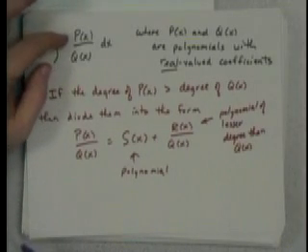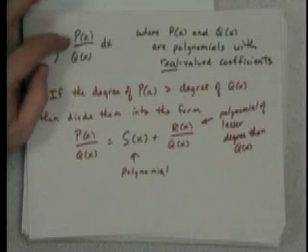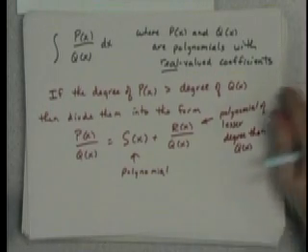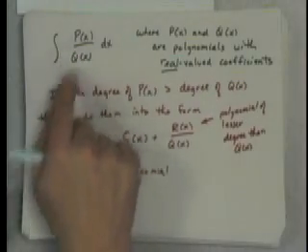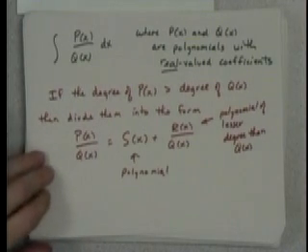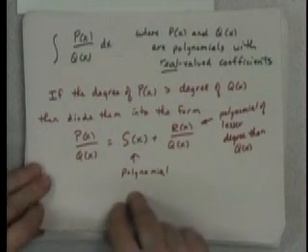If for some reason you're given a rational polynomial where this degree is higher than this one, divide it longhand. And in this section, I don't mind if you use your calculator to divide that. It'll divide it out and simplify it for you.